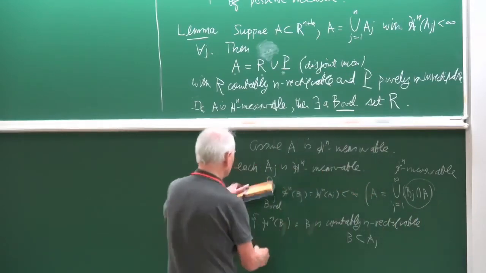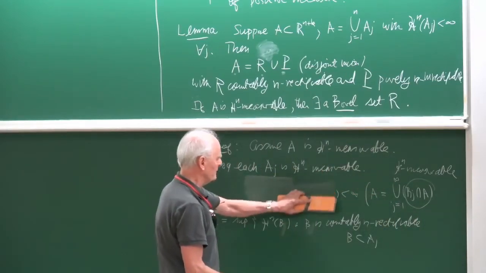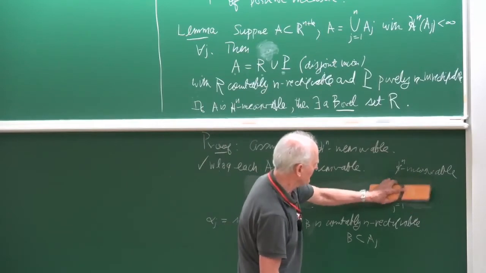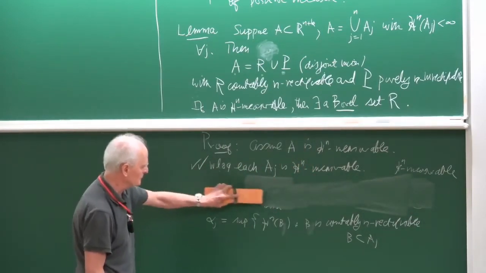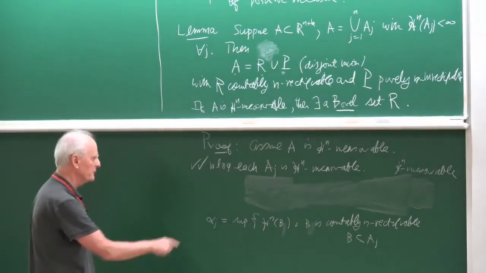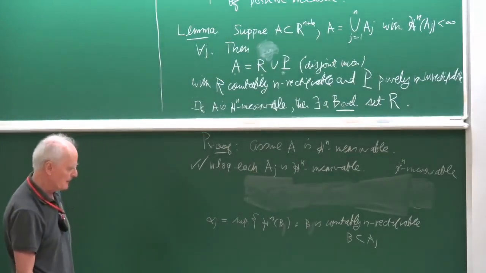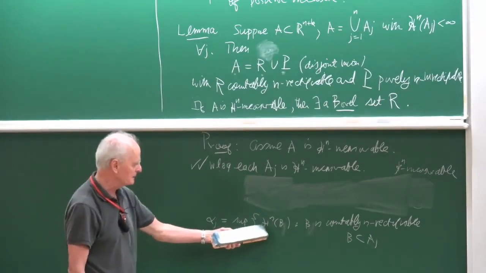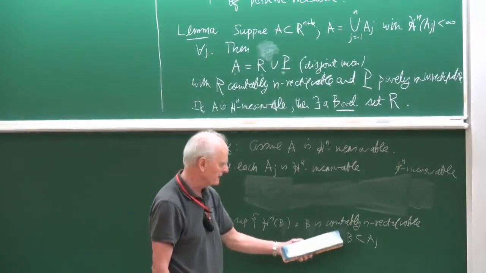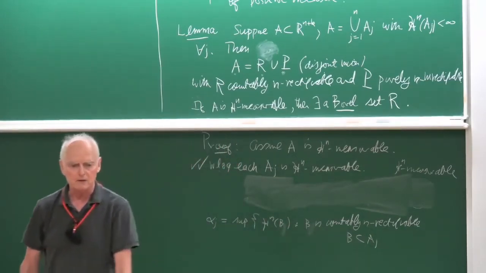So forget the earlier B's now; that was just to justify our claim that we could do this. Let's concentrate on this. So you take the supremum of measures that you get by taking countably n-rectifiable subsets of A_j.